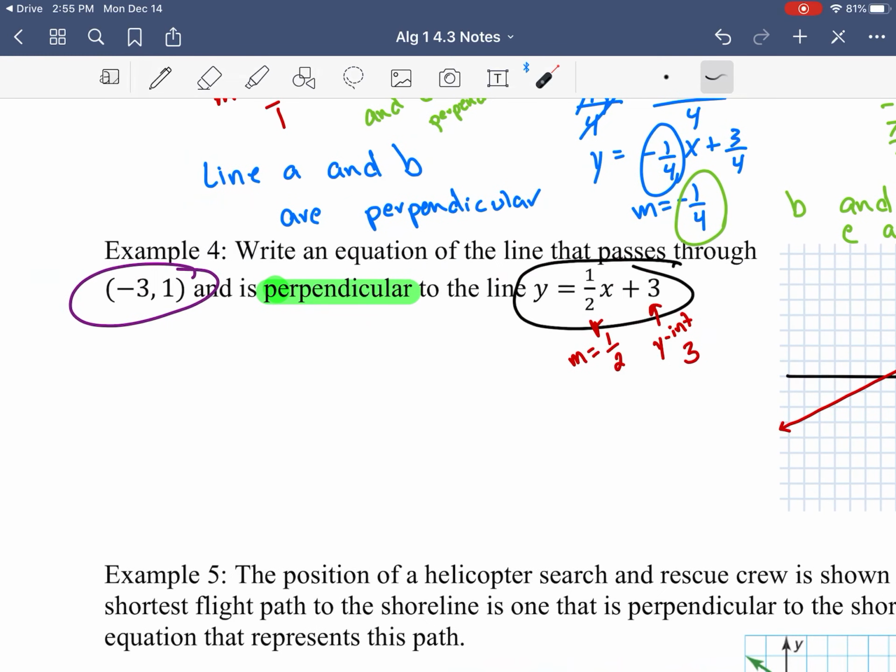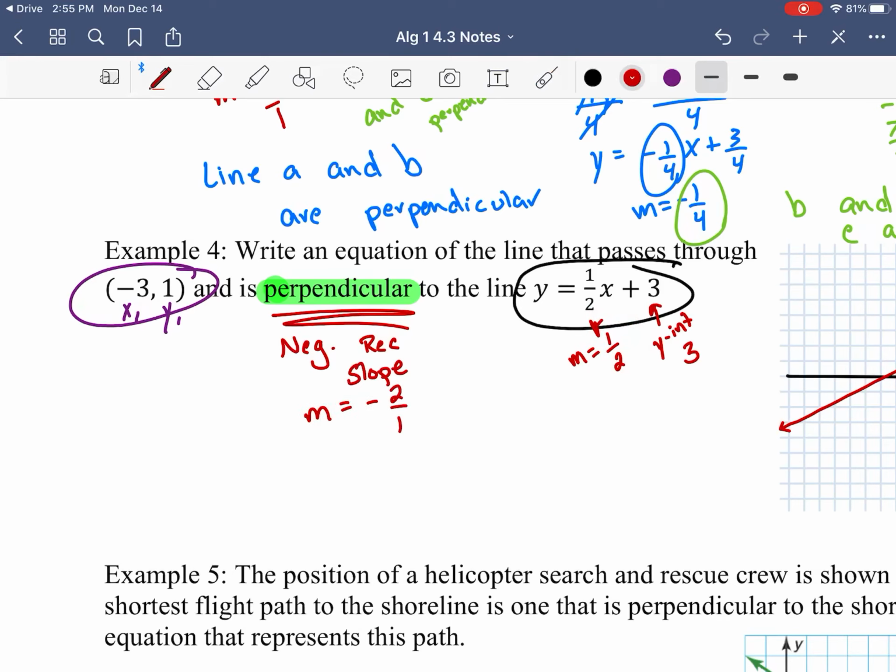So I know what point I want it to go through. So I've got my x1, my y1. But unlike the last one, I want it to be perpendicular, which means I need a negative reciprocal slope. So instead of using a slope of 1/2, I'm going to use a slope of -2/1. But other than that, it's the same process.